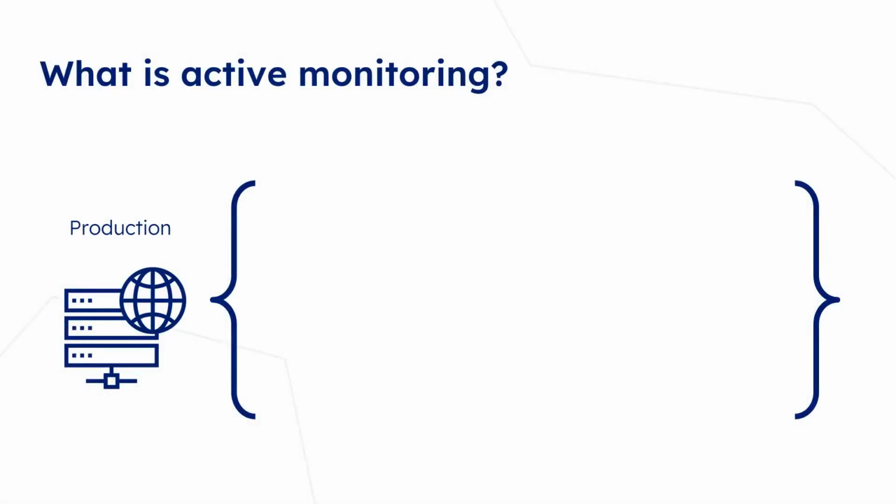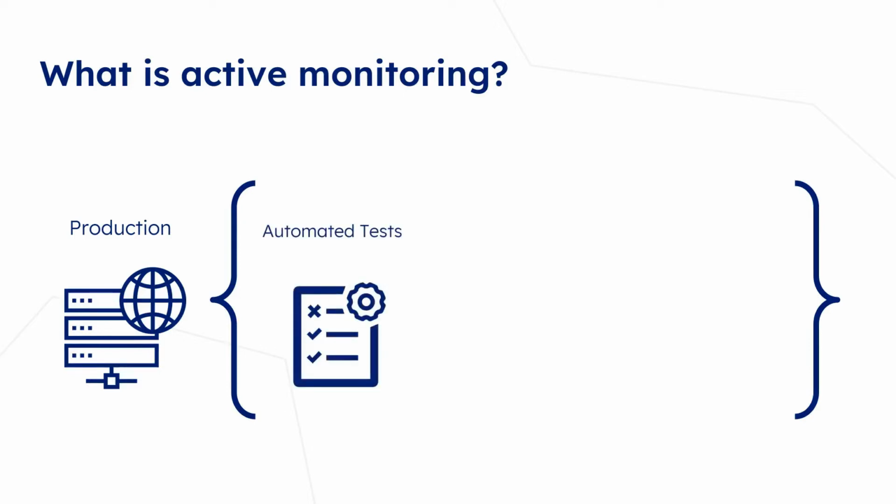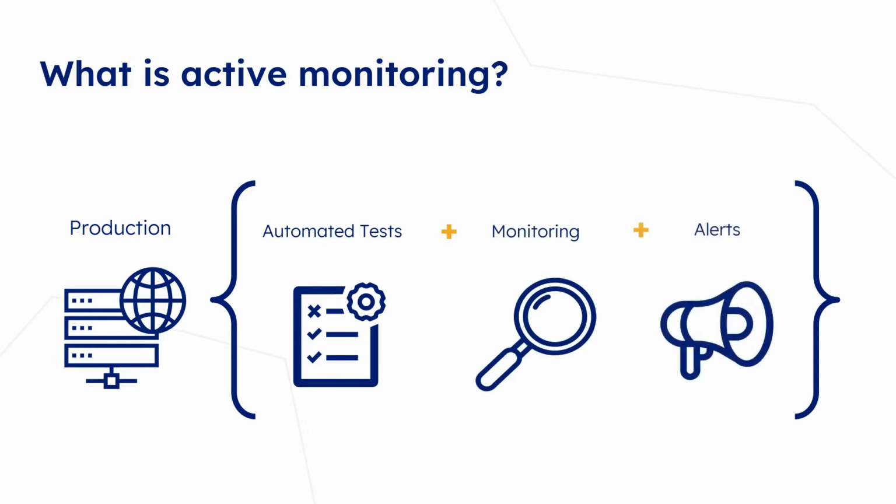But what is active monitoring specifically? Active monitoring, also known as synthetic monitoring, is a technique that runs automated tests against a live production system in order to detect failing business requirements. It helps to continuously monitor server and application performance, even during periods of low user engagement.